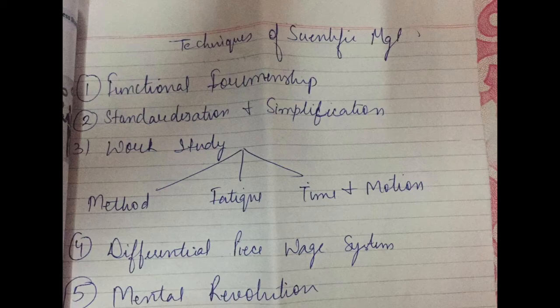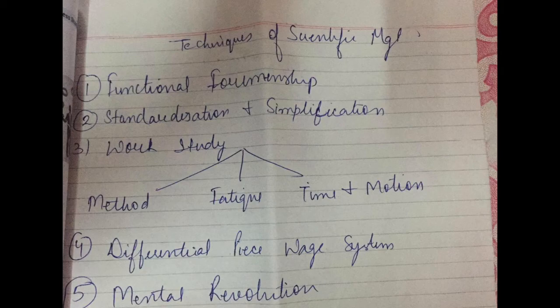The last technique is mental revolution. In this technique, Taylor is saying that there should be good relations between the workers and management. This is the same as the harmony, not discord principle given by F.W. Taylor, in which workers and management should have a positive attitude towards each other.